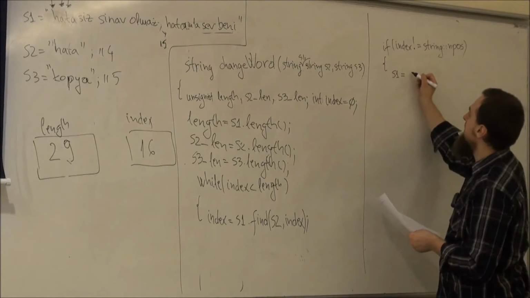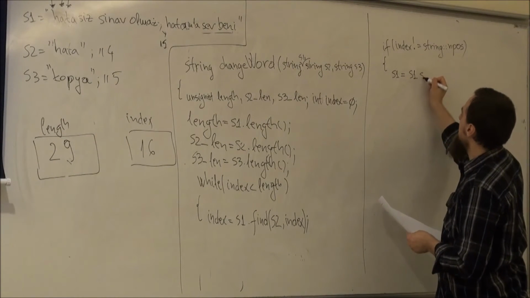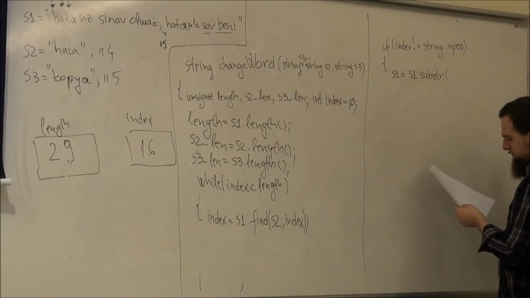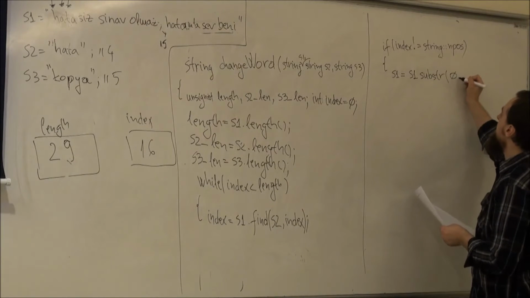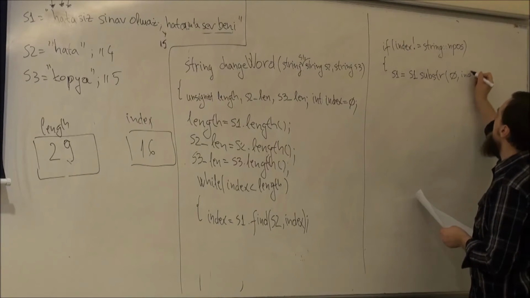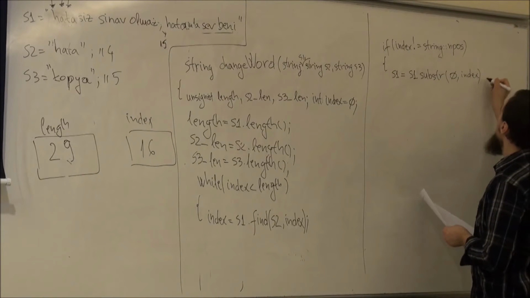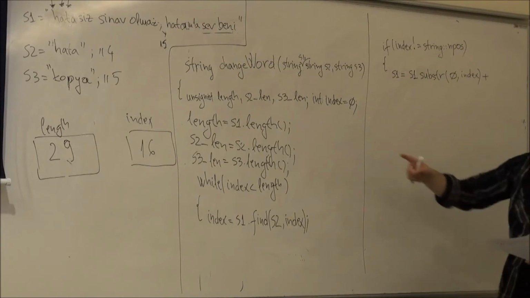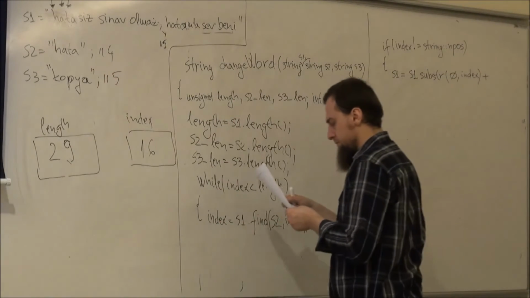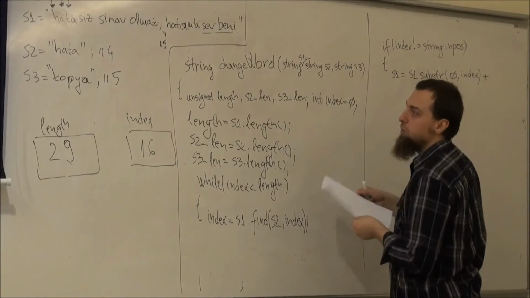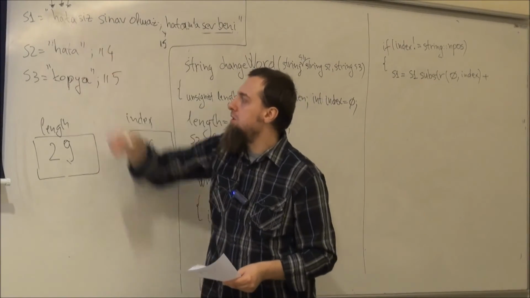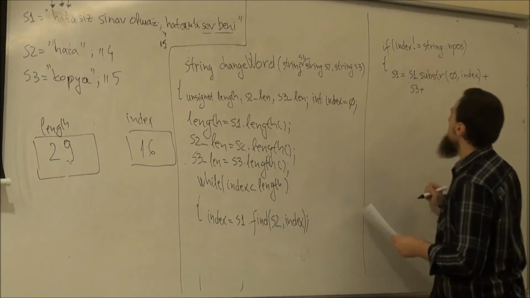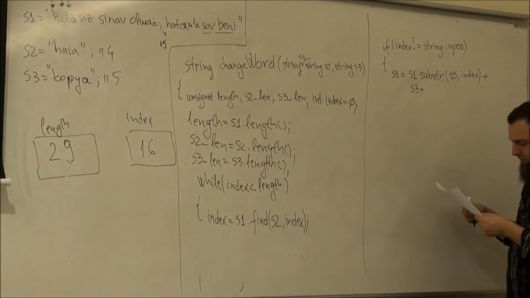That's why we say S1 is equal to S1.substr from 0, from the beginning, up until the index where it is found, plus S3, so hata is changed with copia, plus what's left from the string.